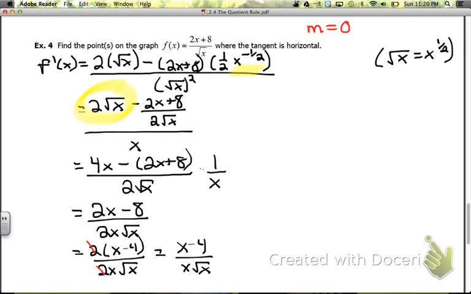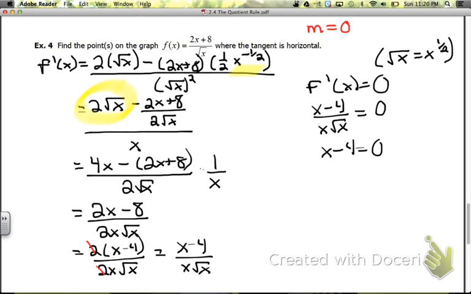So I now know what my slope is. I also know that I need to set my slope equal to 0. So I have x minus 4 all over x root x is equal to 0. Cross multiply, I get x minus 4 equals 0, and therefore x is equal to 4. But I'm trying to find a point.